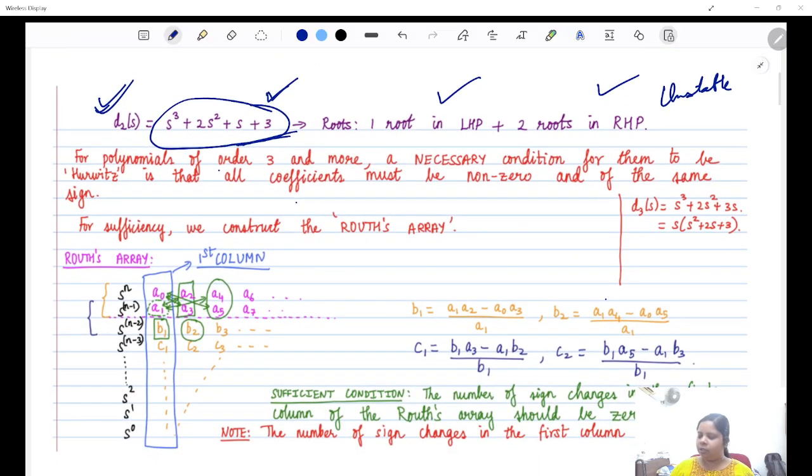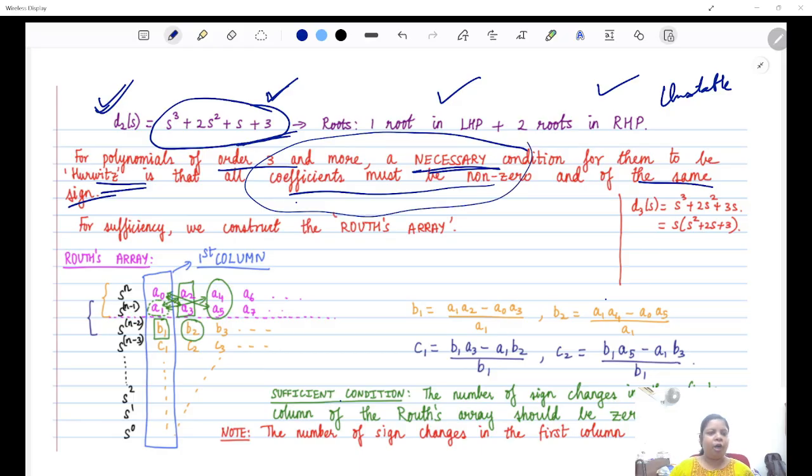For order 3 and above, the necessary condition, which was there for Hurwitz, is that all the coefficients should be positive, non-zero and of the same sign. If they are not non-zero and not of the same sign, you can directly reject it, saying it does not satisfy the necessary condition and the system is unstable. But if this condition is satisfied for a polynomial, it has to go through a second check.